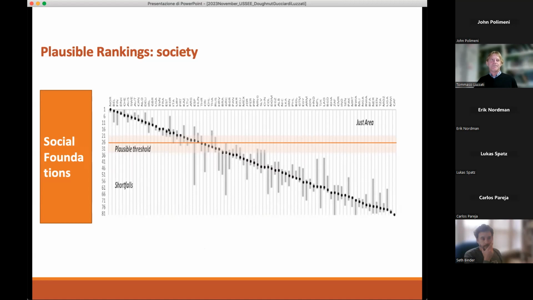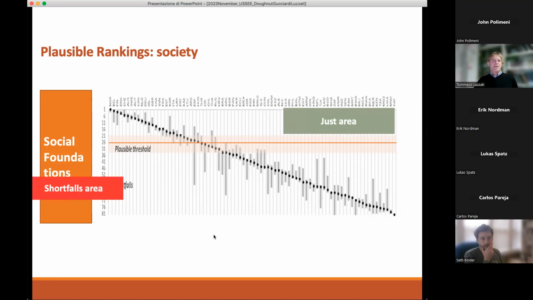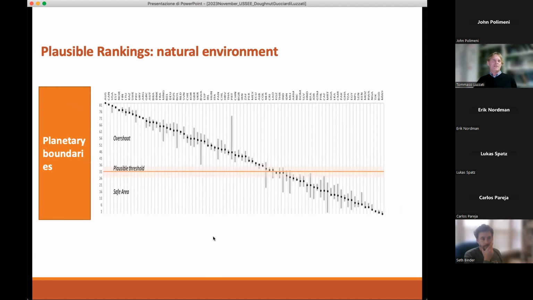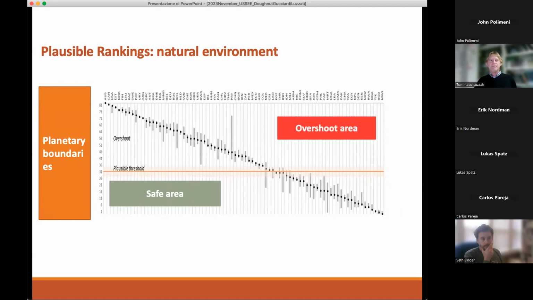Or if the median rank is higher than the best possible rank of the thresholds, and so on. And so we can think of this as a just area, and these are shortfall areas. We did this for the society, and we did this for the natural environment, and of course, for the planetary boundaries, this is a safe area, and this is an overshoot area.